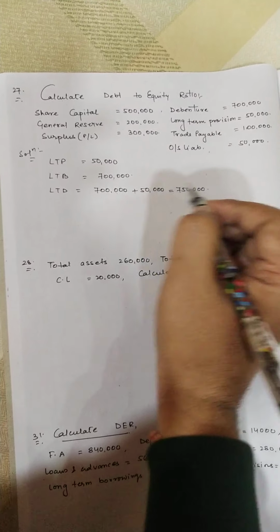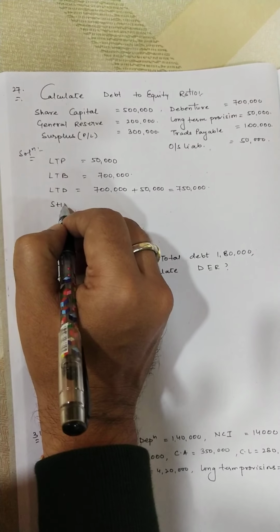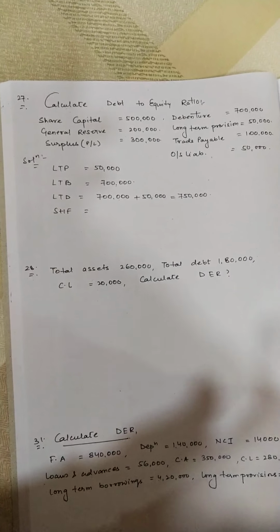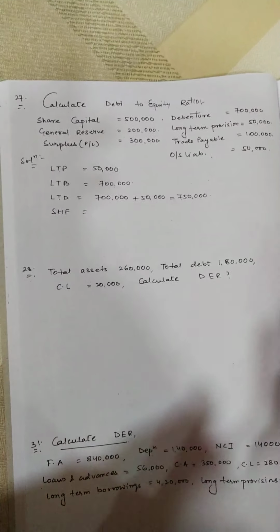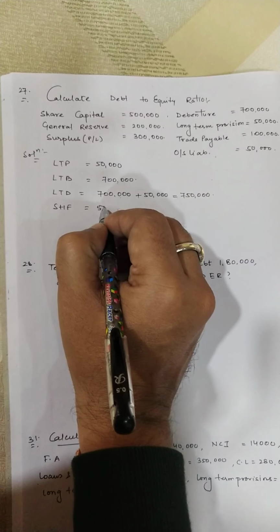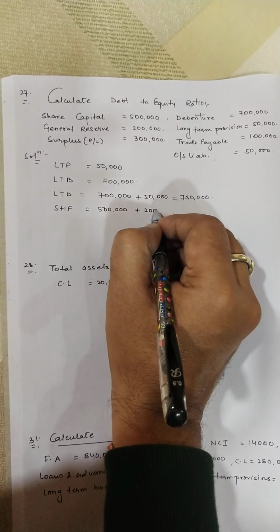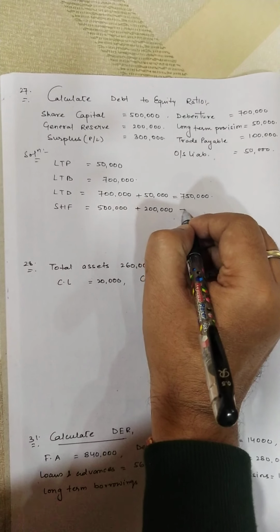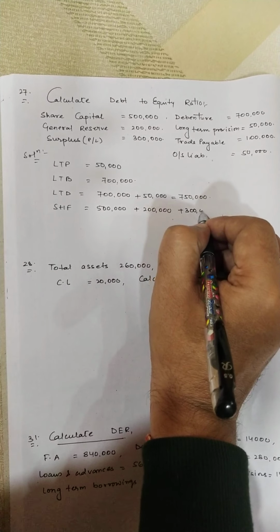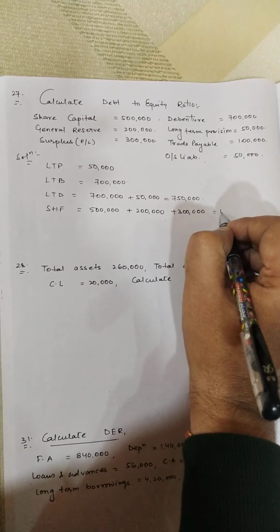Clear? And SHF, the full form of SHF is shareholder fund, and shareholder fund comprises share capital, reserves and surpluses. Clear? That is 10 lakh.